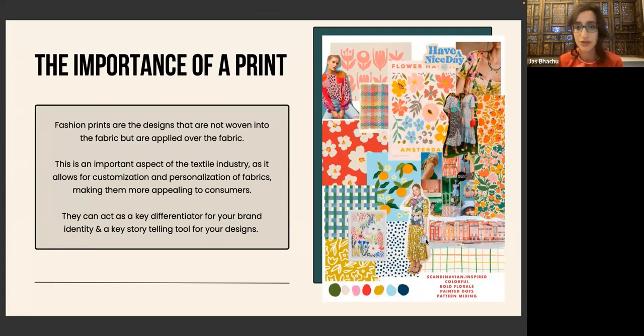What this allows you to do is customize and personalize a fabric that you could pretty much pick up from any store. It could be recycled, a repurposing, or brand new on a fresh roll, it doesn't matter, and you add your own identity onto it. This is a much more cost-effective way than implementing a print or pattern within the textile, knitted or woven in.